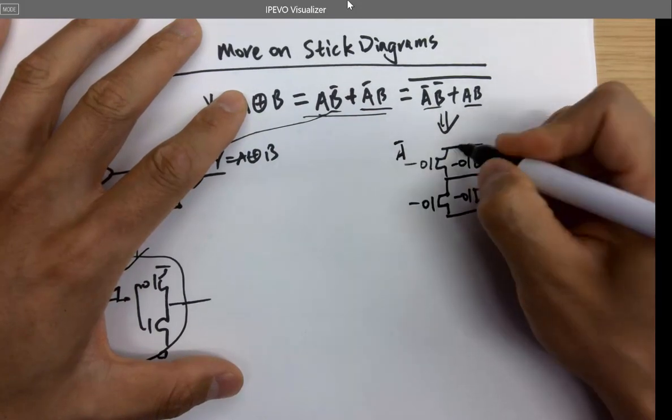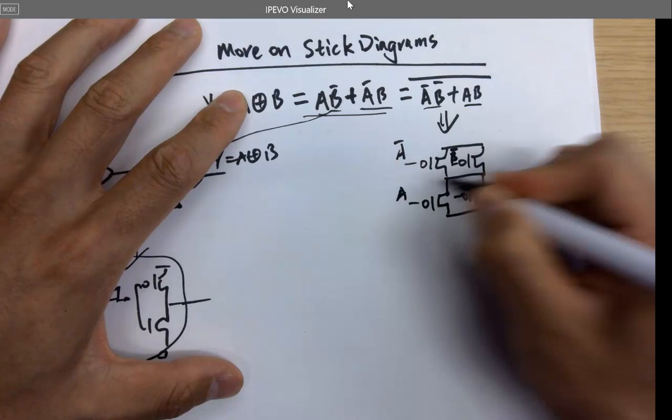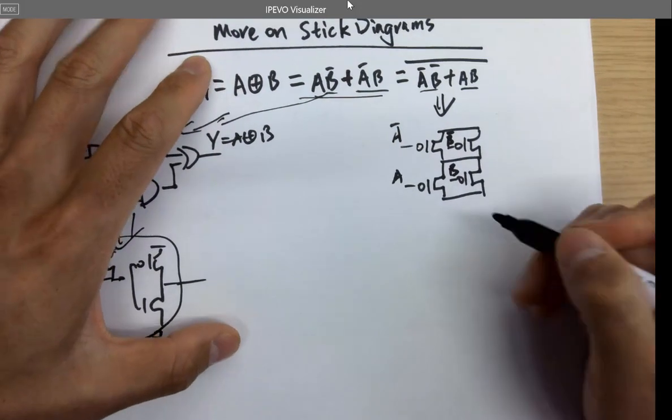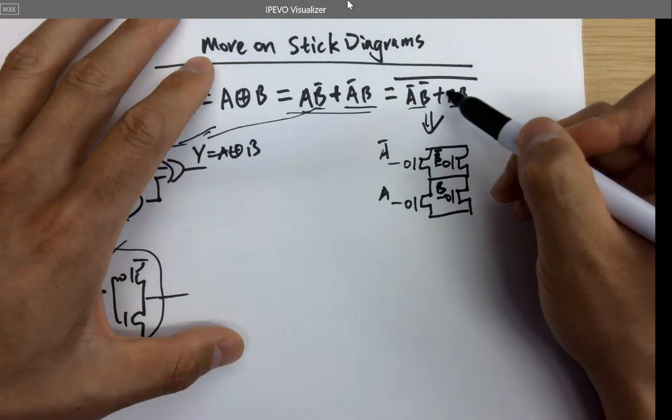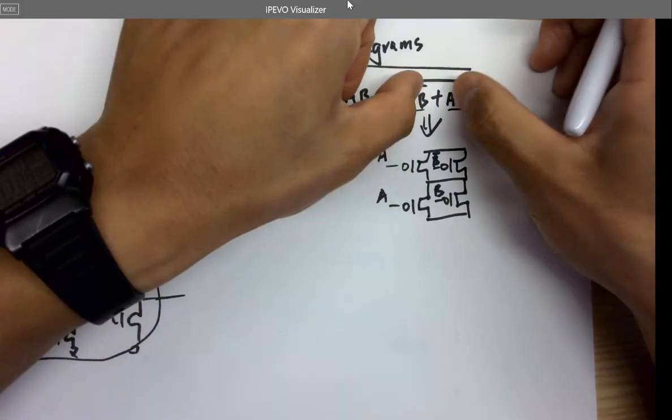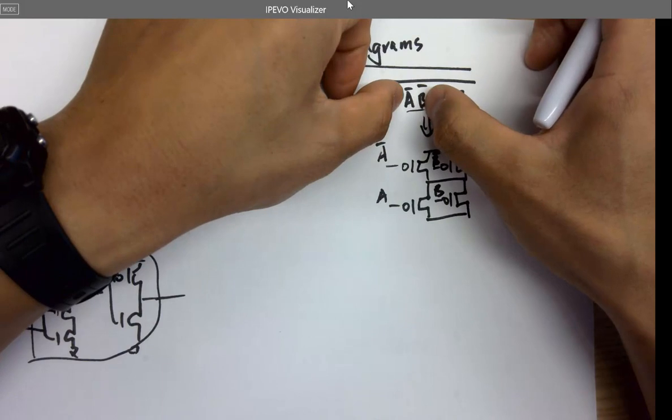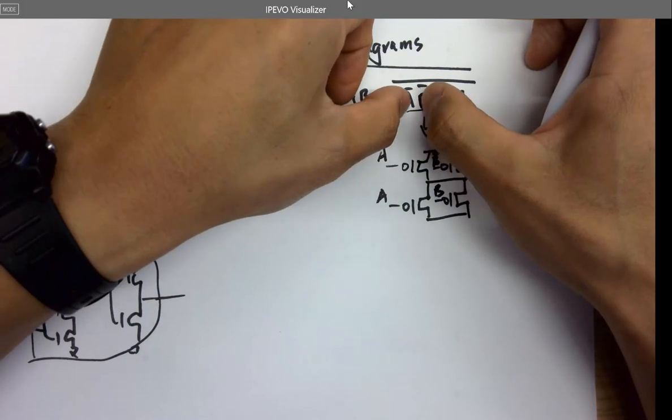A not, B not, A and B. Okay. And for the NMOSes, it's OR logic, so these two blocks should be in parallel. And because that's the AND logic, these two should be in series.